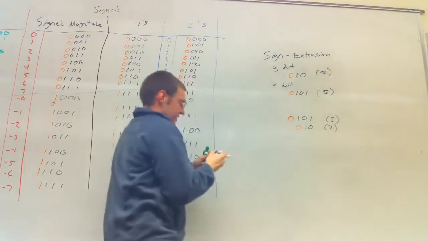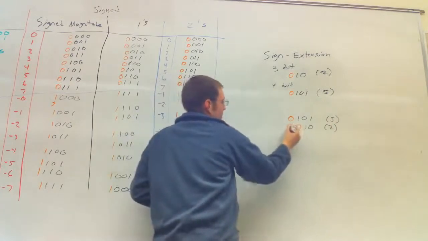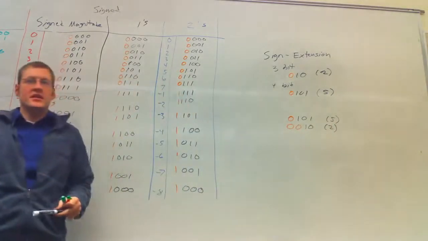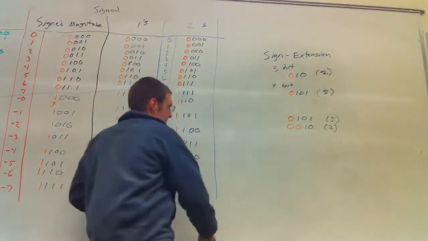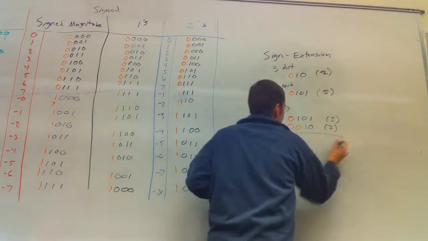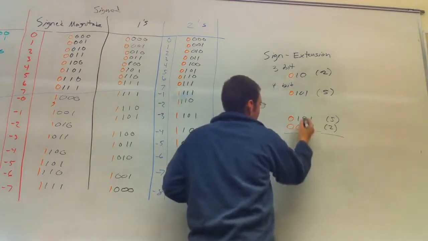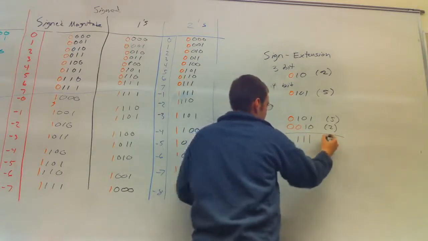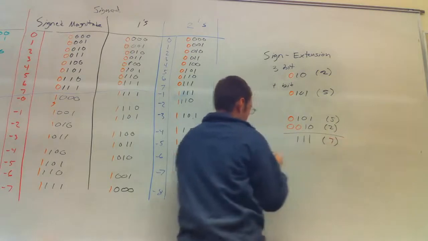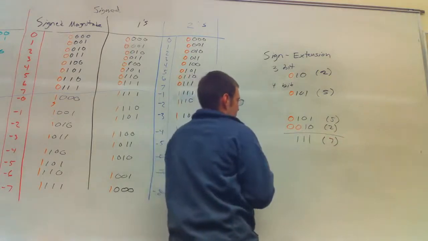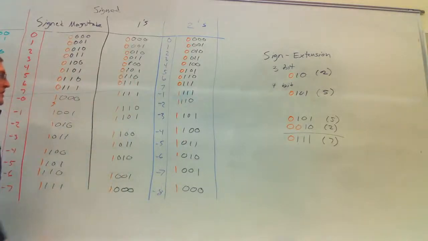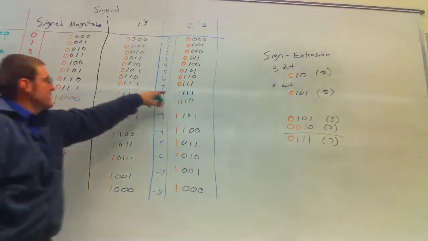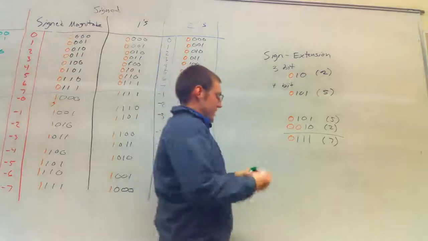All we do is add the 0 in front of this, sign extend it. This is for positive numbers. So when I do the arithmetic, I get 1, 1, 1, which is 7, with the 0 out front. So we get that as correct.